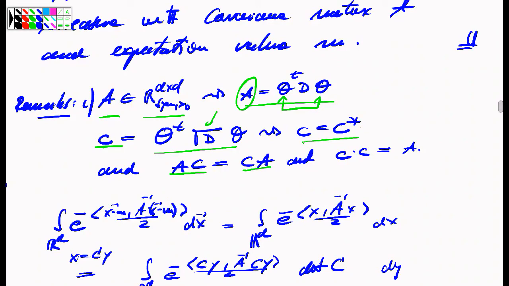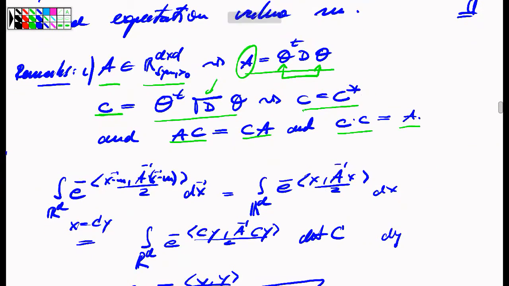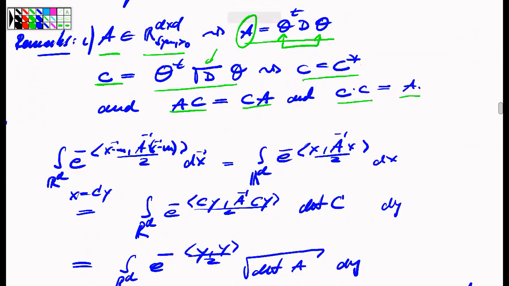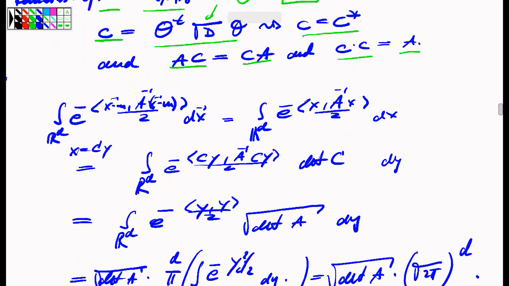It commutes with the matrix A, and C times C, so the square of this matrix, is A. So this matrix C is a version of the square root of the matrix A. And this matrix will play a role in order to justify that the chosen normalization constant in the definition of a Gaussian measure on d dimensions is the proper one, is the right one.